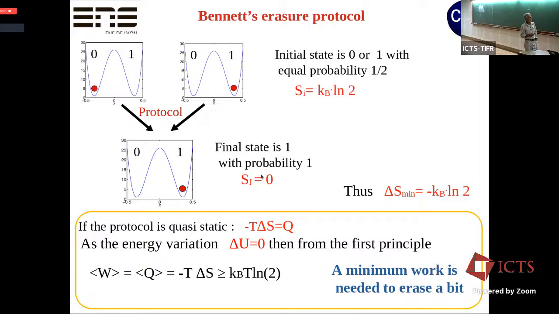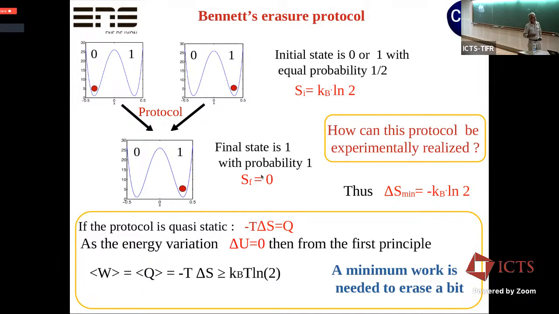Okay, you see that the work and the heat have to be the same, and you need this quantity to be kBT log 2, and so the answer is that a minimum work is needed to erase the bit.